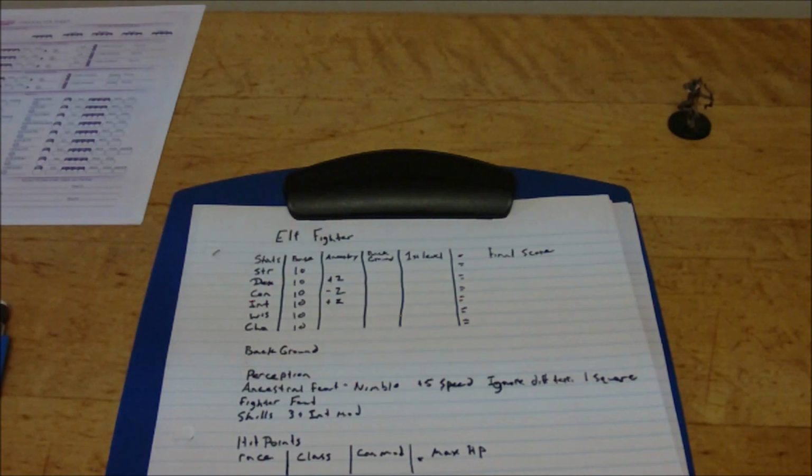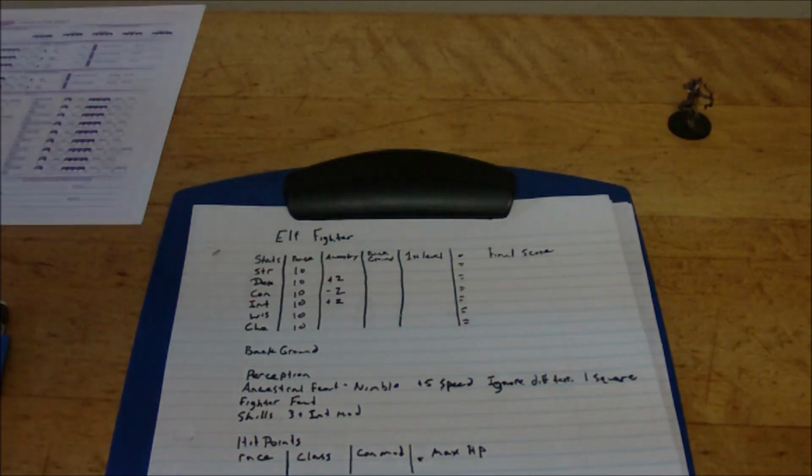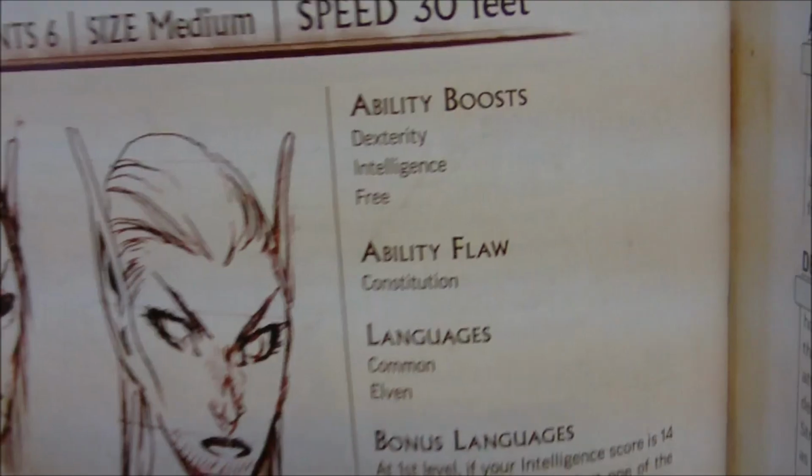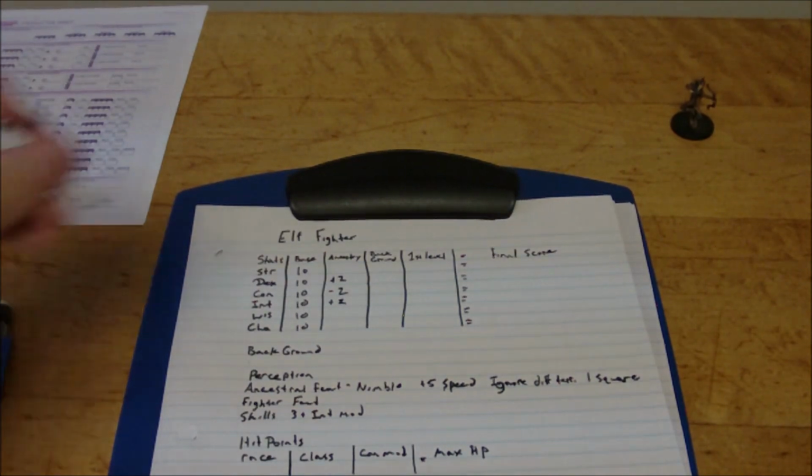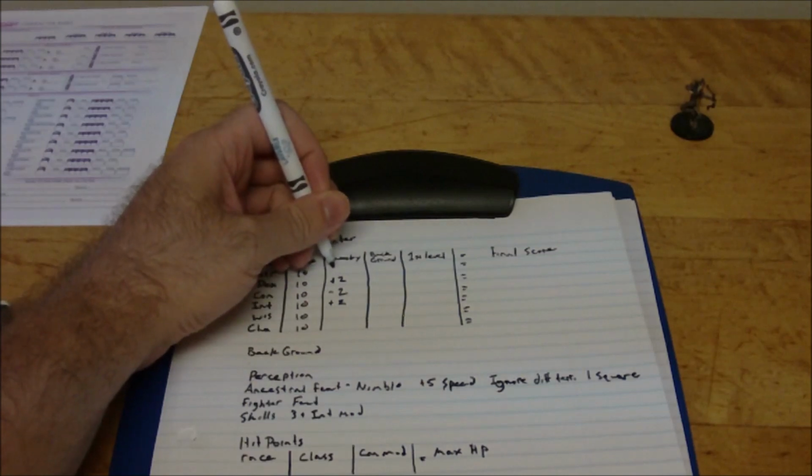So let me just go back there. Yep, so as you can see, you got Dexterity, Intelligence, and free. So that free one, I think I'm going to put into Strength.